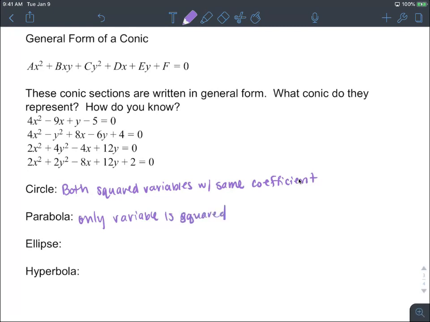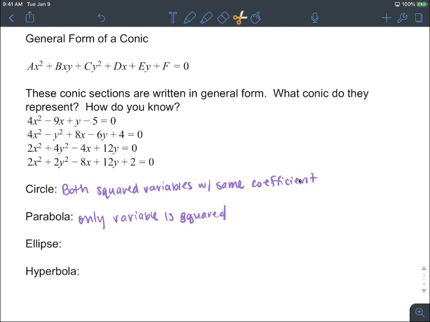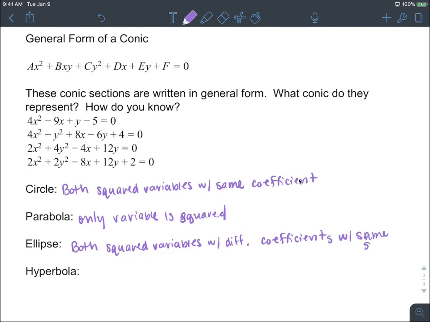An ellipse, both variables are squared with different coefficients with the same sign, so both positive or both negative.